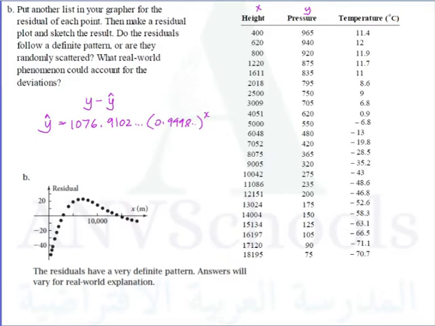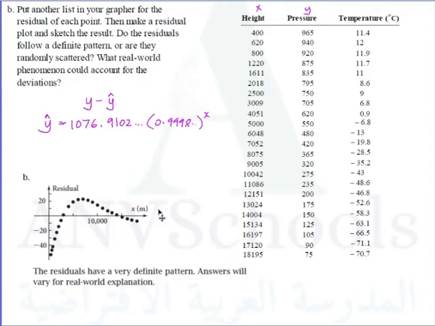Get your grapher and try to graph this using your graphing calculator and the inputs. So what do you think about this pattern? The residuals have a very definite pattern. As you can see, it goes up, and if we are going to trace the plots, then we would definitely have a curve here which increases upward, and then it suddenly stops here, and then it goes downward again, and in this pattern it is likely to increase again.